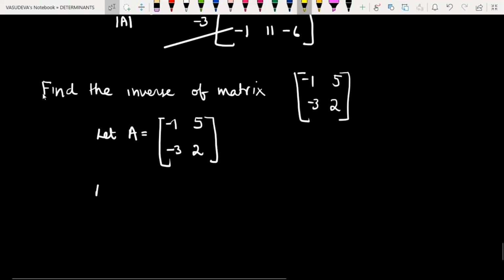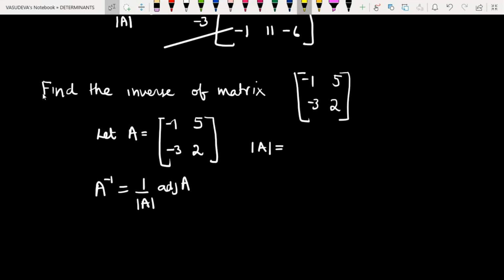Now we know that the inverse of A is 1 by determinant of A into adjoint of A, or adjoint of A divided by determinant of A. So what is the determinant of A? Because we have to see whether the inverse exists or not. If the determinant of A equals 0, the inverse of the matrix does not exist. Therefore it is necessary to find the determinant of A in the beginning.